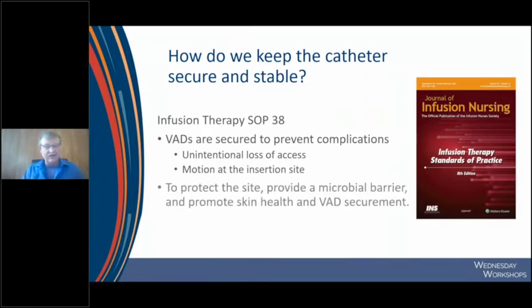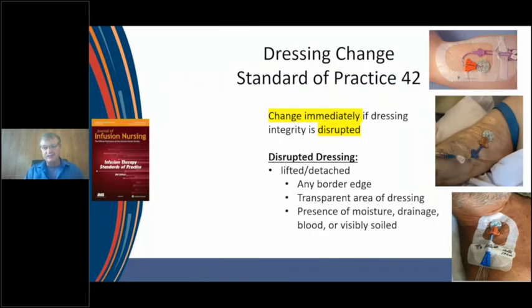It is believed to be a huge factor contributing to bloodstream infections. They go on to say that securement and stabilization is there to protect the site and provide a microbial barrier. We want to make sure that we don't damage the skin as well as secure it to the patient.